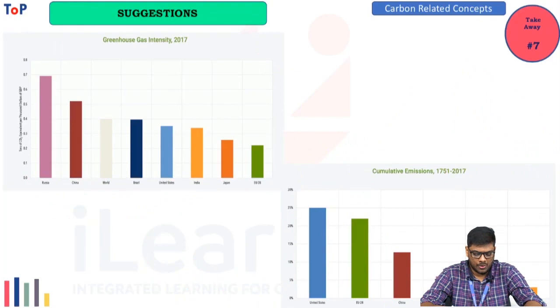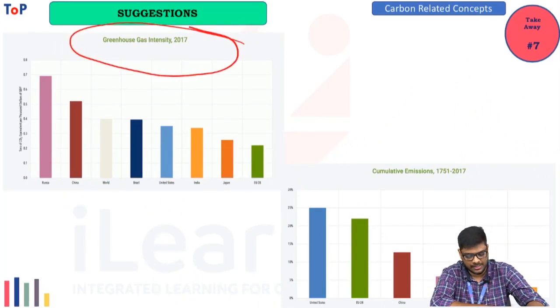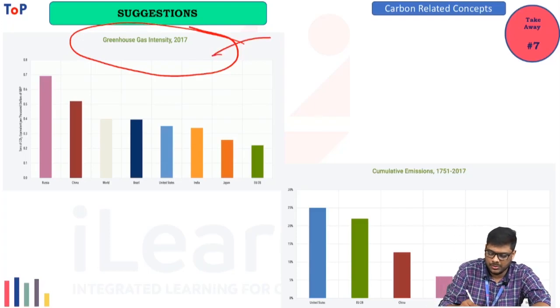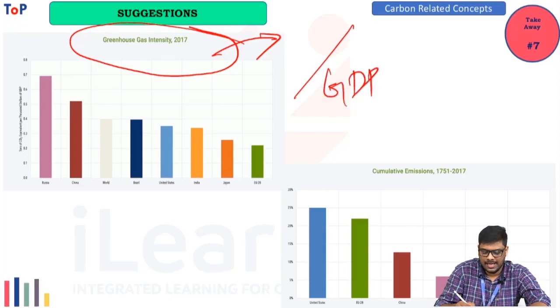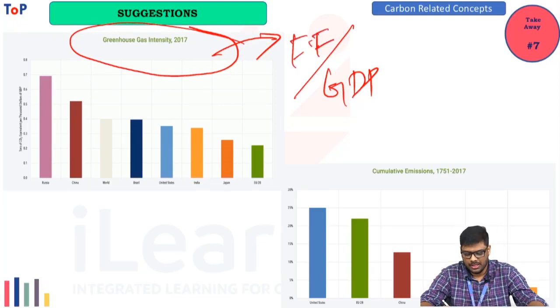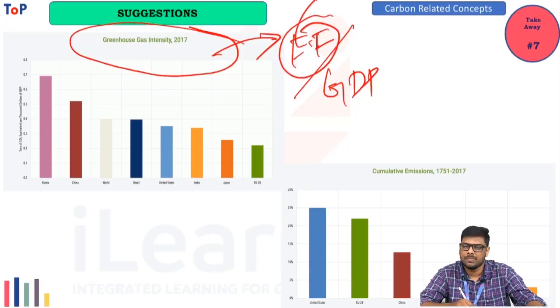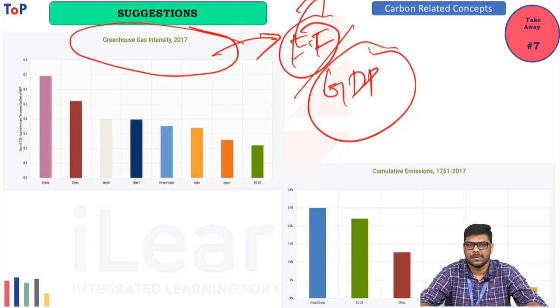Then moving more into it, this is greenhouse gas intensity. A graph explaining greenhouse gas intensity. So what do you mean by greenhouse gas intensity? It is a percentage of economy that depends upon fossil fuels. Getting it? In simpler terms, how much greenhouse gas will be emitted if you create one additional unit of GDP?